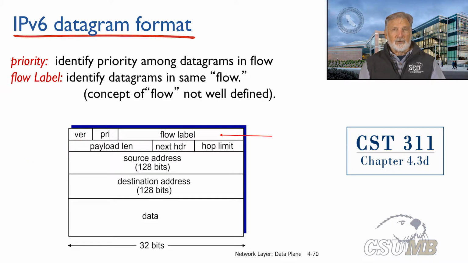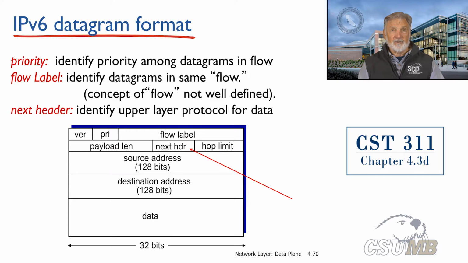The flow label field is new to IP version 6 and enables the ability to track specific traffic flows at the network layer. A flow is a sequence of packets sent from a particular source to a particular destination, for which the source desires special handling by the intervening routers. The payload length is the same as the IPv4 length field, and this field includes the length of the data portion of the IP version 6 packet.